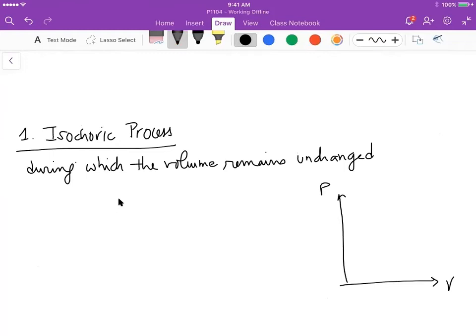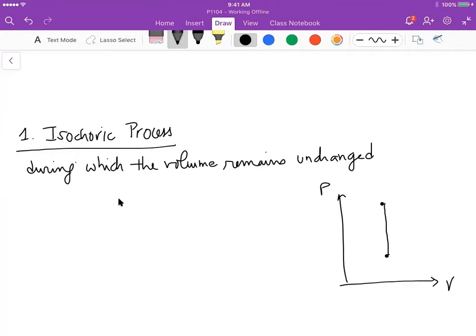An isochoric process occurs at constant volume, which means that if you go from this initial state down to this final state, this occurs on a straight line without any change in the volume of the system. And so how is the variation of the internal energy written in this case?